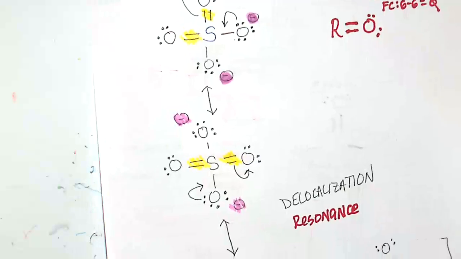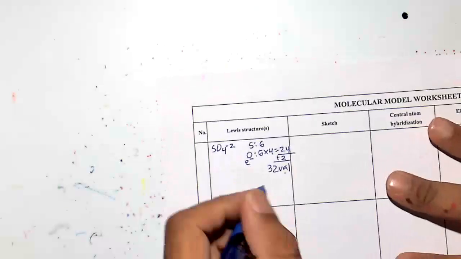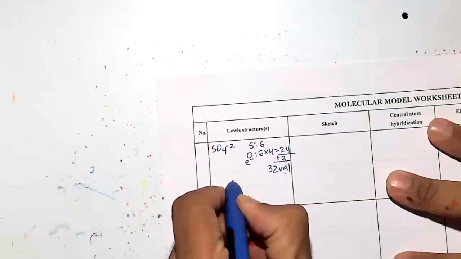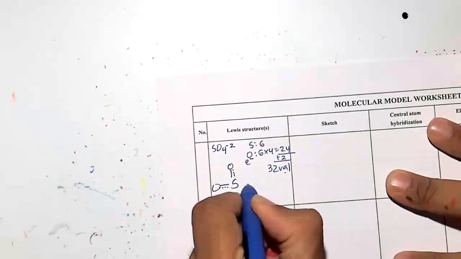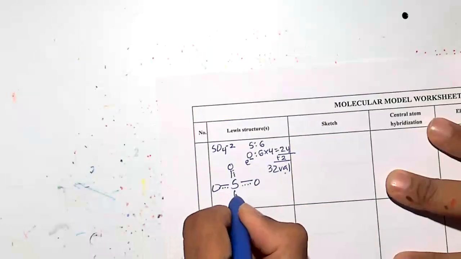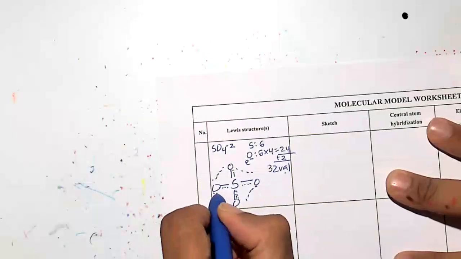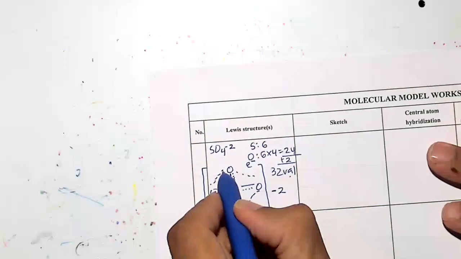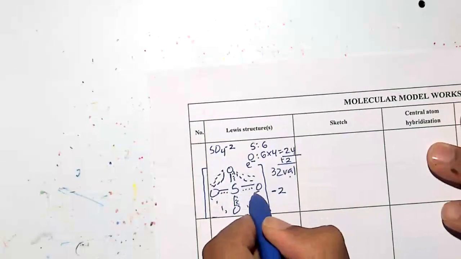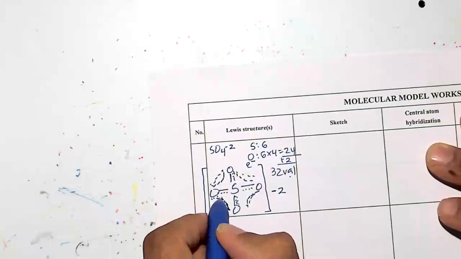Okay, so let's get back to this. So I'll just draw it like this because of the resonance. All this is saying is that there's a resonance stabilized structure, and that -2 charge is stabilized across all 4 oxygen atoms.